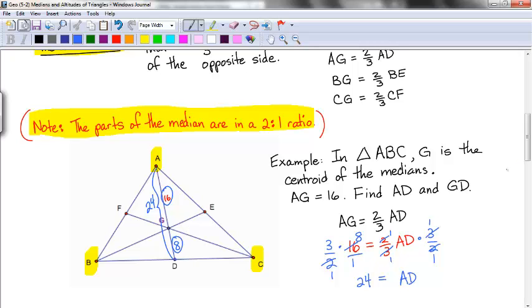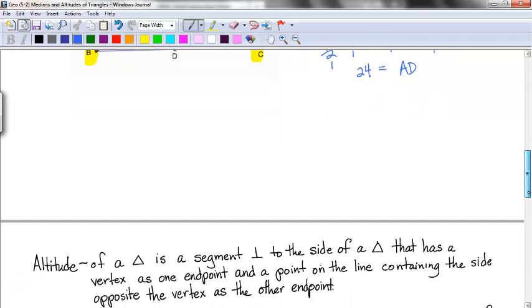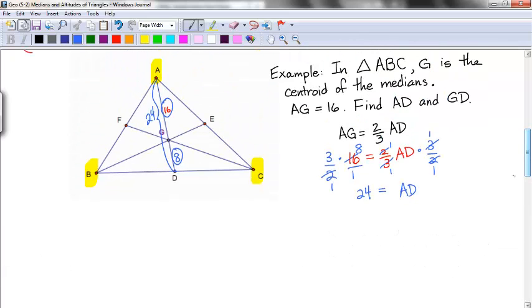Okay. So can you just find GD and add them up instead of using the fraction? Sure. Yeah, you could go the other way. You could take half of that and then add it. Yep. Okay, everybody, I'm going too fast.